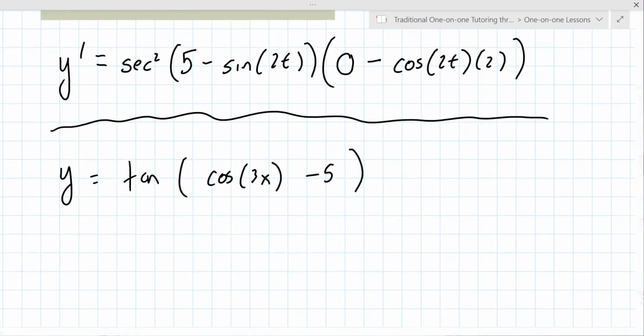So we got secant squared of cosine 3x minus 5.